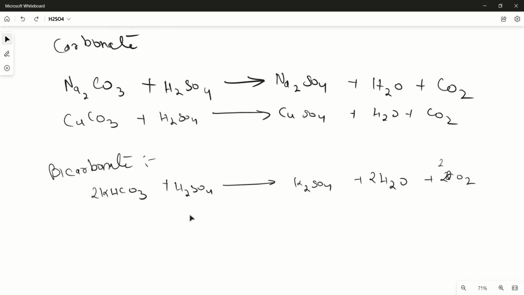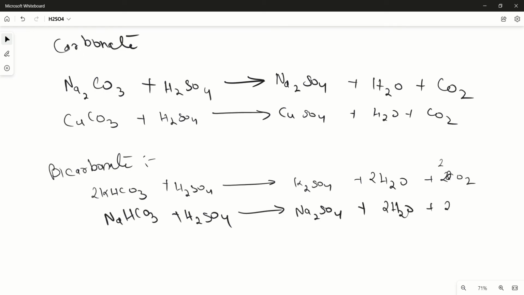So, any other reactions we can think of? See, this is sodium bicarbonate, just for the fun of it. Sodium bicarbonate plus H2SO4 gives us sodium sulfate, 2H2O, 2CO2.